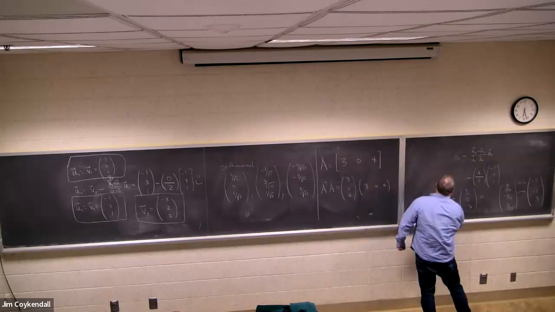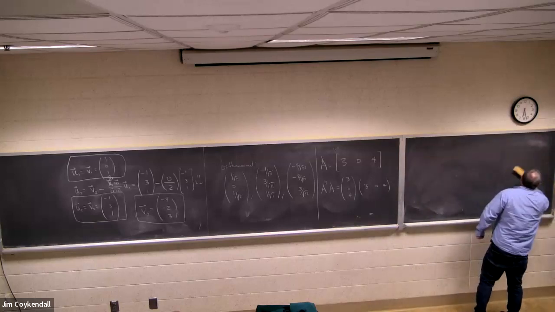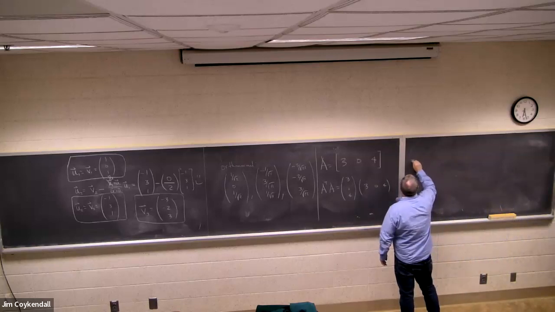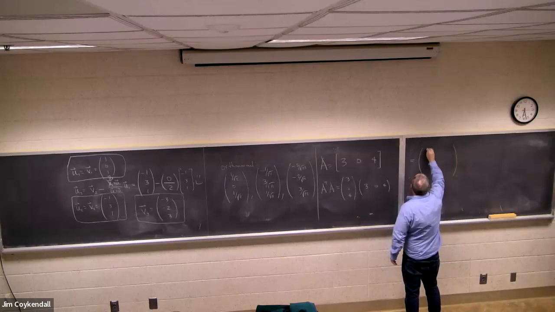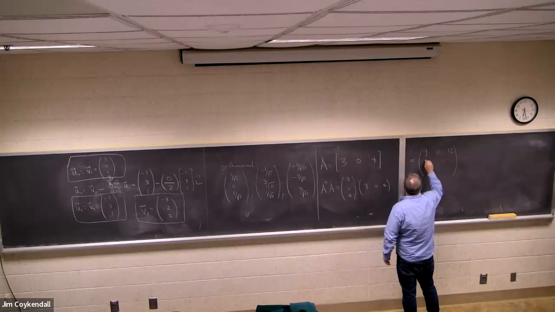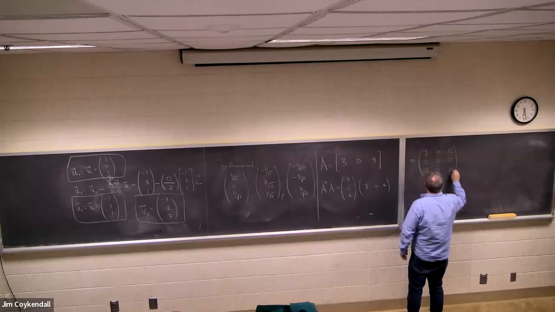This matrix is going to be big, but 3 by 3 big, it's not so bad. I'm going to get 9, 0, 12. I'm going to get 0, 0, 0. And 12, 0, 16.